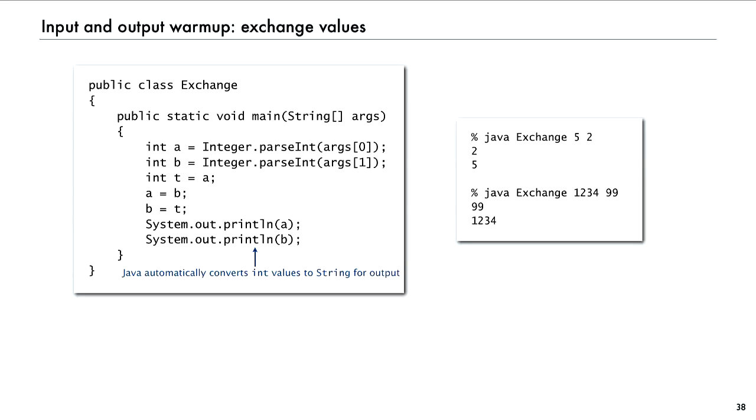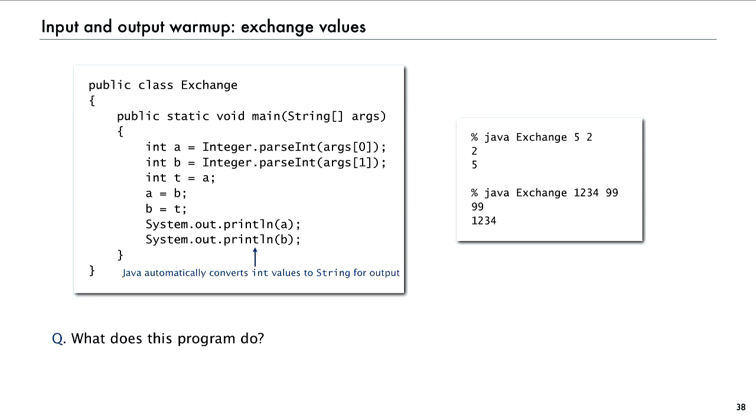If we type java Exchange, this program takes from the command line two arguments, args[0] and args[1]. They come in as strings. We call parseInt to get them converted to numbers, and that's what we set a and b to. So they start as strings, they become numbers, then the code exchanges them, and then when we print them, the result gets converted back from numbers to strings.